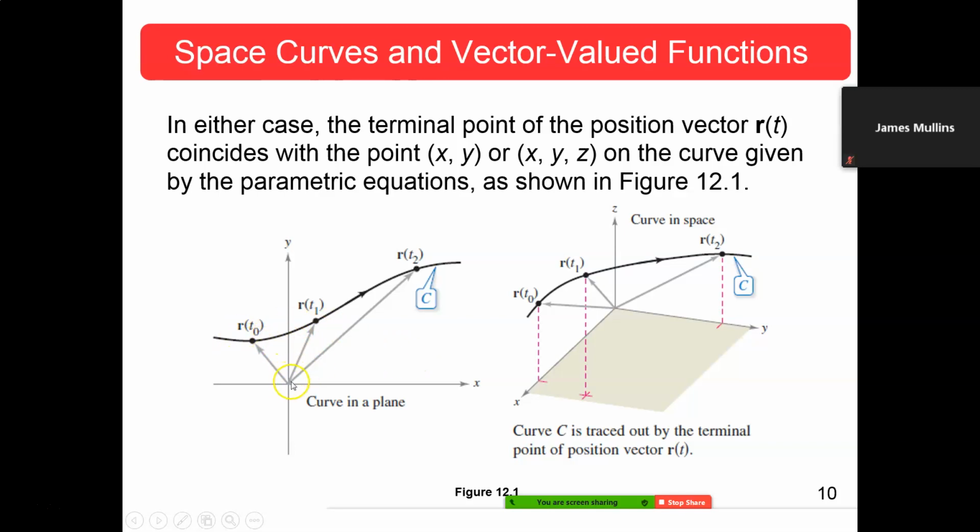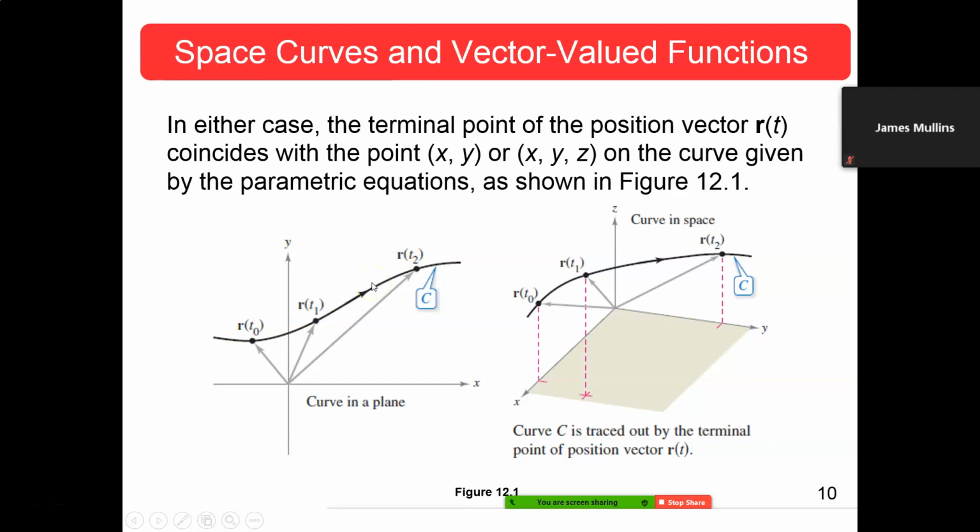Your f is now a positive value, and g is also positive. Sometime later, your f is quite positive, g is quite positive as well. There you are. So if you plotted every point in between t0 and t1, and even some beforehand, you will see you're tracing a curve in the xy plane that goes in this direction, because as t is increasing, that's where your curve is going.